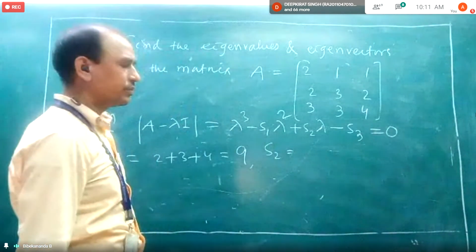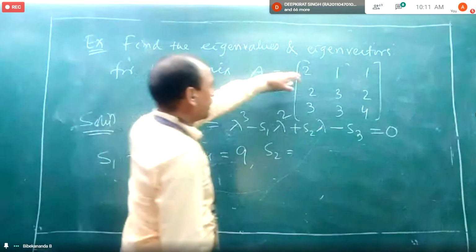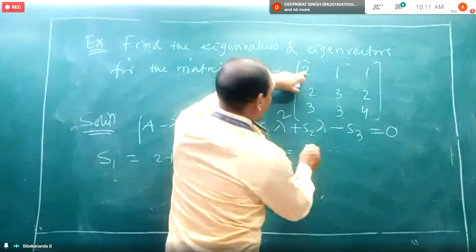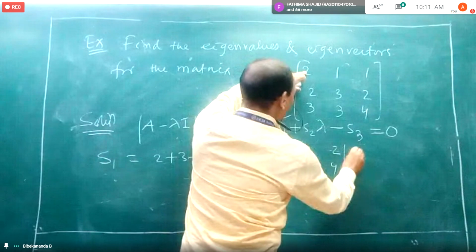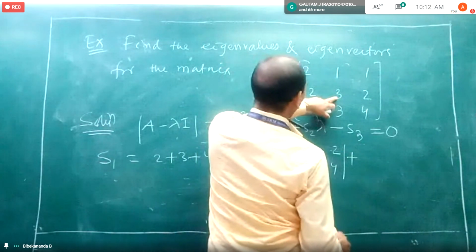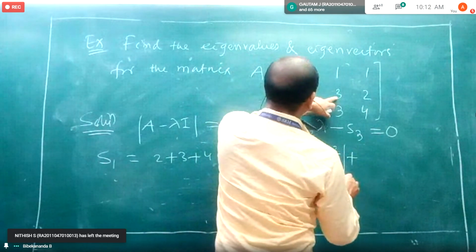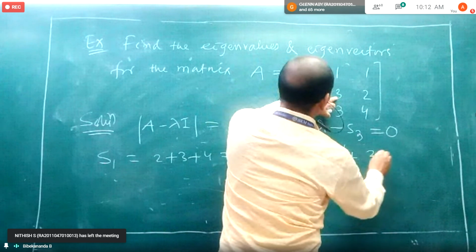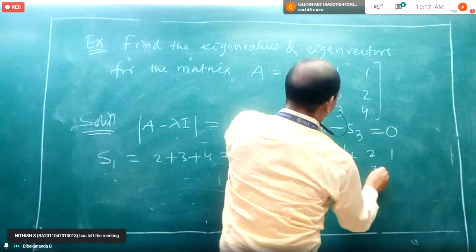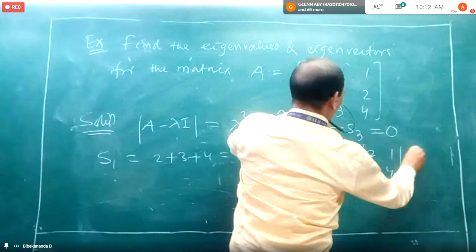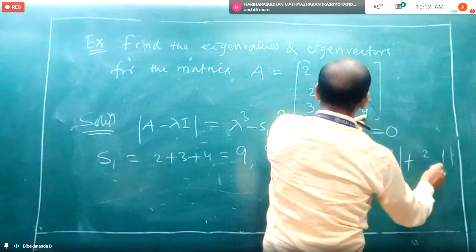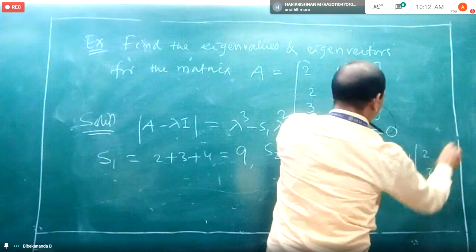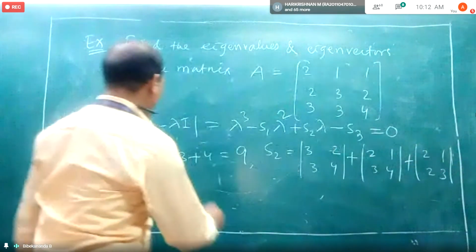Now what is your s2? S2 means minor of 2, which is the determinant 3 2, 3 4, plus minor of 3, which is the determinant 2 1, 3 4, plus minor of 4, which is the determinant 2 1, 2 3. Now you find the value of this.